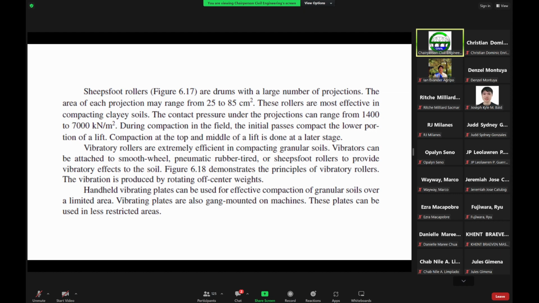Normally on the corner, this can no longer be reached by the normal compaction equipment such as what we have mentioned earlier.